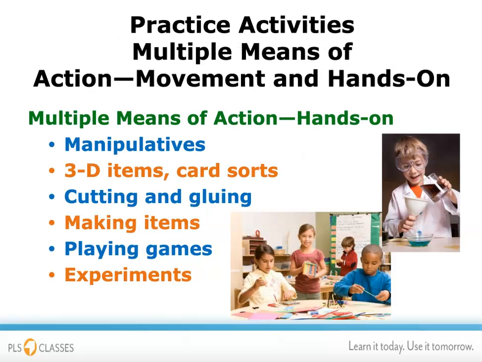The second component of an effective practice activity is multiple means of action, movement, and hands-on. Remember that we want active learners, not passive learners. Adding movement and hands-on experiences makes learning more activity-based. Activities that are hands-on involve fine motor skills such as manipulatives, 3D items, card sorts, cutting, gluing, making items, playing piece card games, and doing experiments.